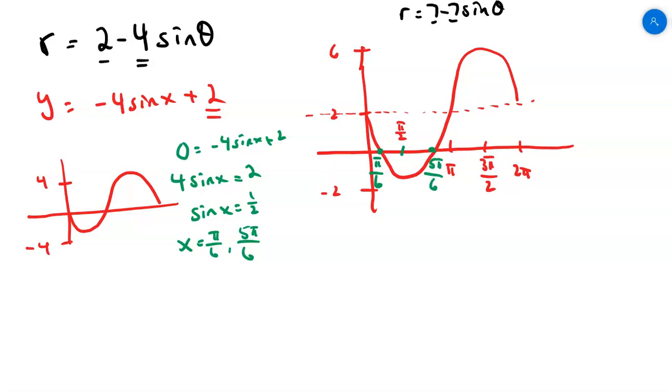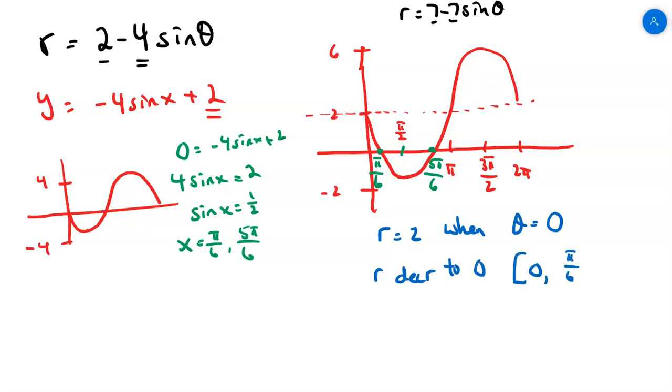All right, so when we make this list of what's going on, it's going to look involved from 0 to pi, and then it's going to sail along pretty quickly after that. So it starts with a radius of 2 when theta is equal to 0. The radius decreases to 0 on the interval from 0 to pi over 6.